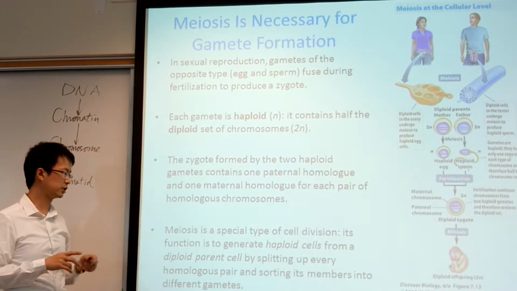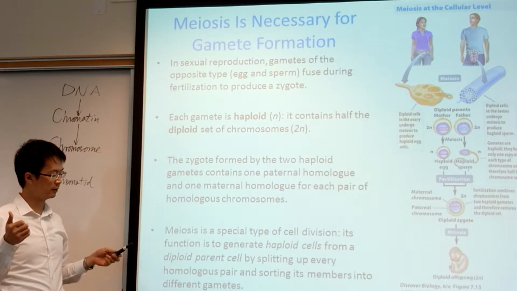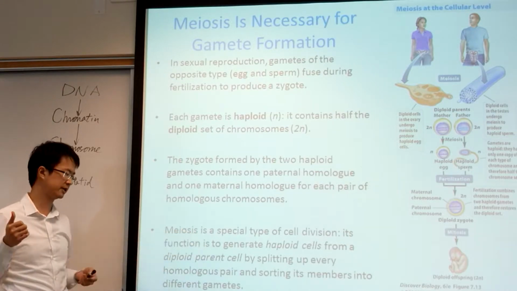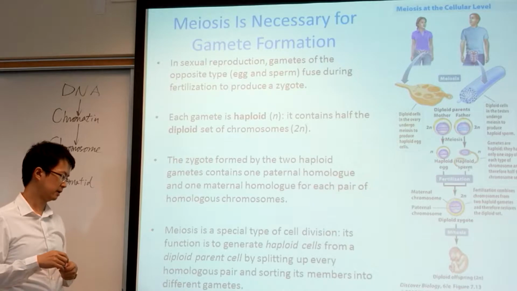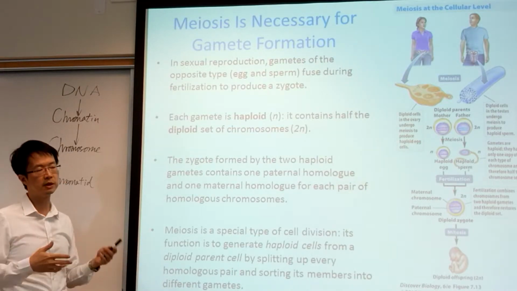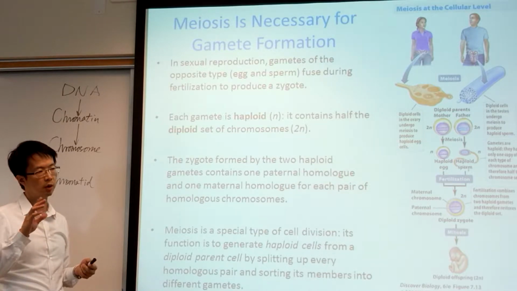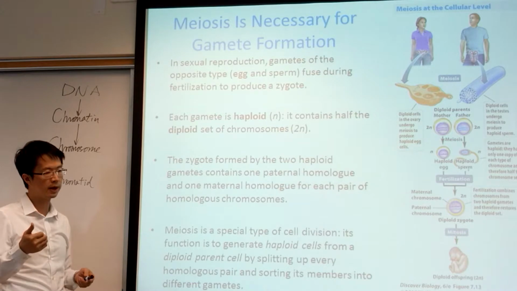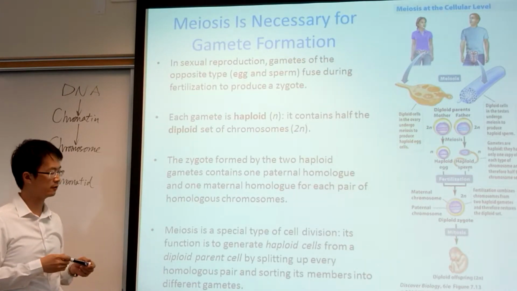Meiosis is a special type of cell division for one reason: it generates haploid cells from diploid parent cells. And not only that, remember in mitosis, one parent cell becomes two daughter cells, but here, one parent cell becomes four daughter cells. So the result is different.